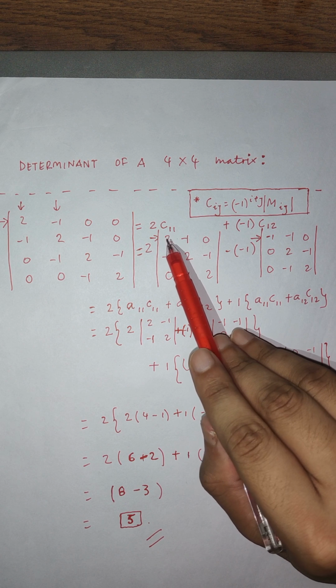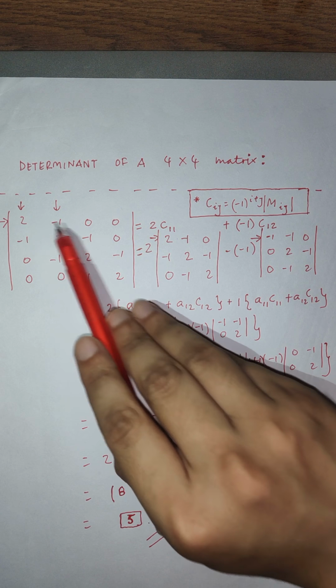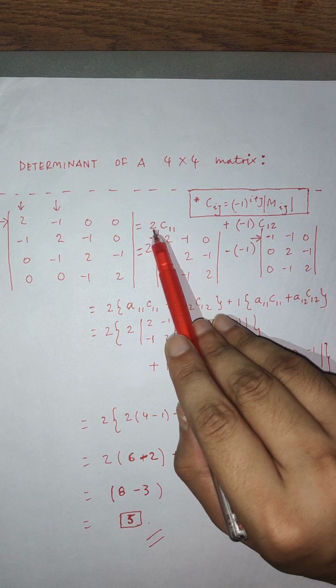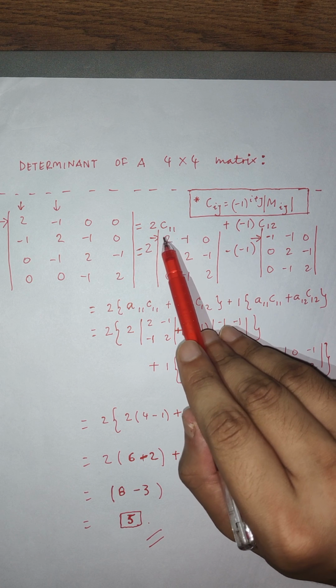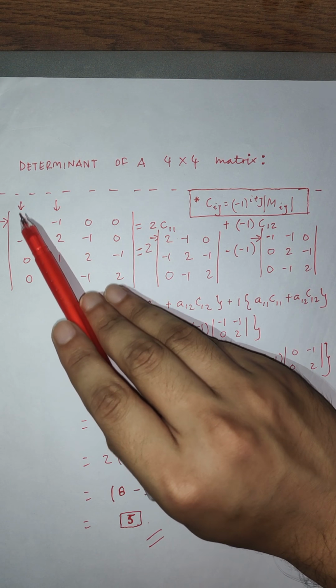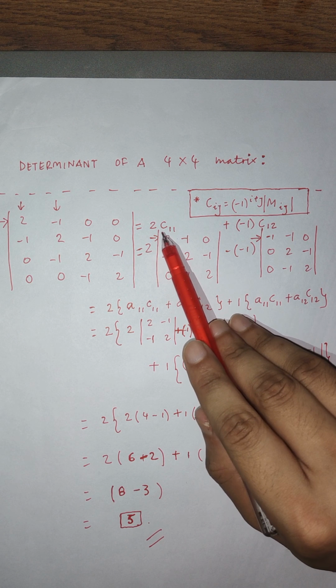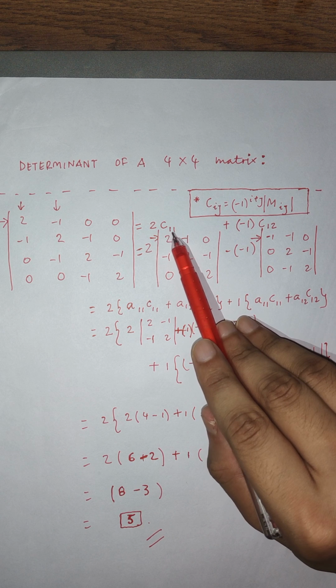But that's not just it. We take 2, multiply by the cofactor. So the position of this entry is 1 1. So we multiply 2 by the cofactor for the position 1 1.